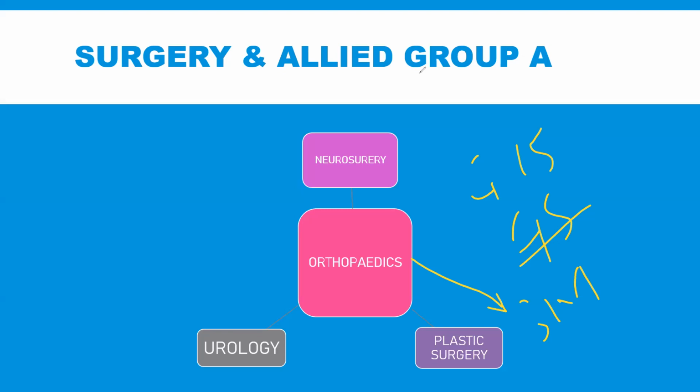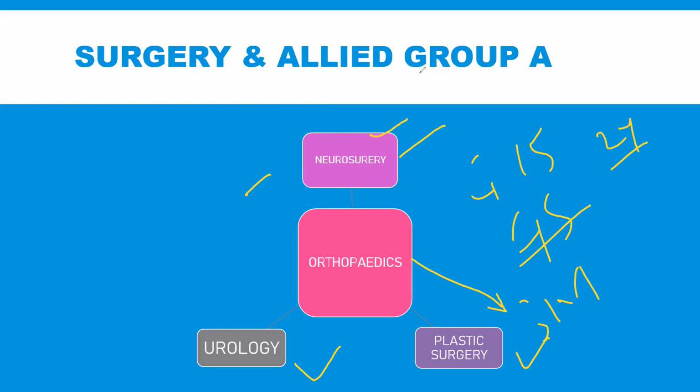And then if you are falling in group A, you applied in any one of the specialties of group A. Let's suppose you applied for neurosurgery. You have to take 3 months of orthopedic surgery, 2 months of plastic surgery, 2 months of urology, and 2 months of neurology. And once you complete your 2 years of training, then you are supposed to go to your specialty, like you are supposed to go to neurosurgery.